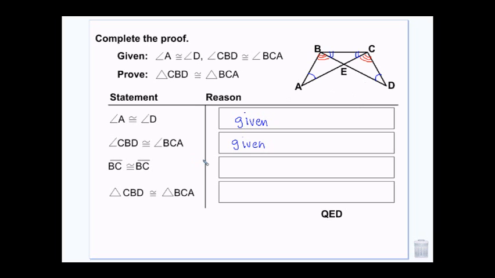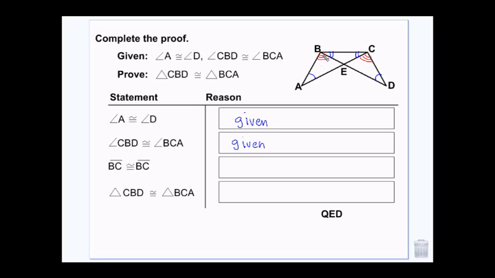Now, it's not put into the proof, and it should have been, but that tells me those parts are the same, so that gives me this whole angle, CBD, matches this whole angle, BCA. Does that make sense?